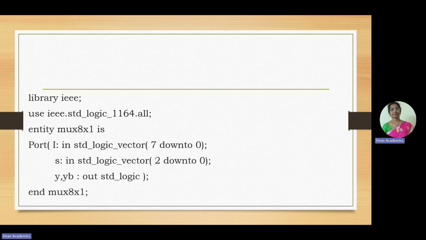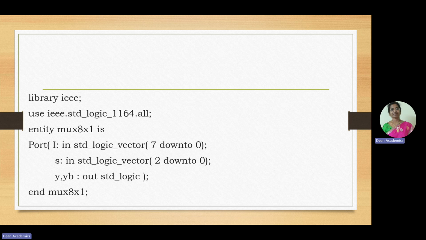So entity MUX 8x1 is port. We have 8 inputs. Therefore, I is the input port, which is a standard logic vector, and the size of this array is 7 down to 0.